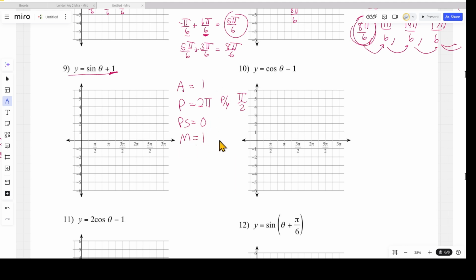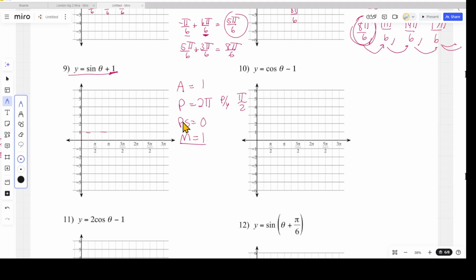And technically the midline is y equals 1, which is a horizontal line. So if the teacher actually asks what the midline is, you don't say m equals 1. You would have to give this as an answer. But for me, I'm just going to say m equals 1.